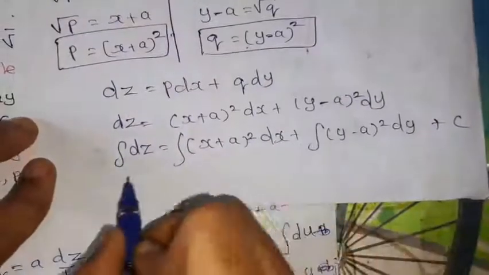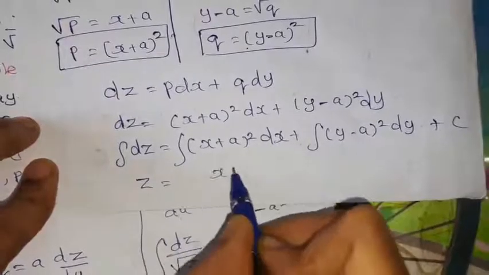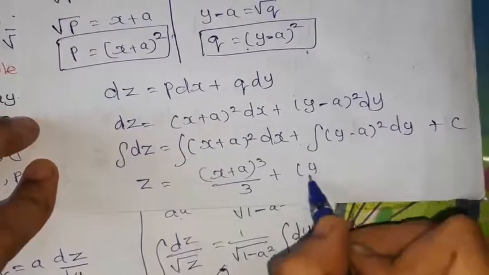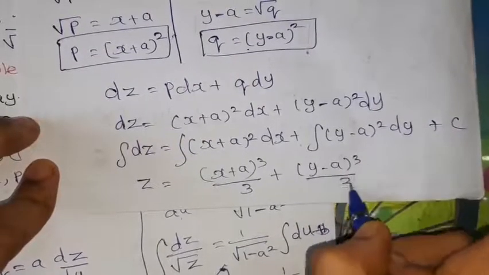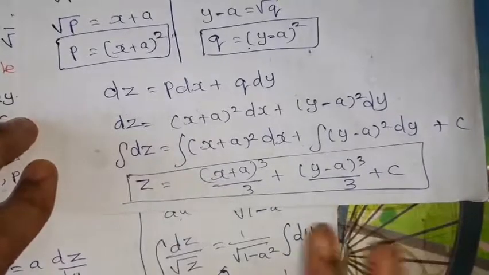So z equal to x plus a the whole cube divided by 3 plus y minus a the whole cube divided by 3 plus c. So this is the solution for this problem.